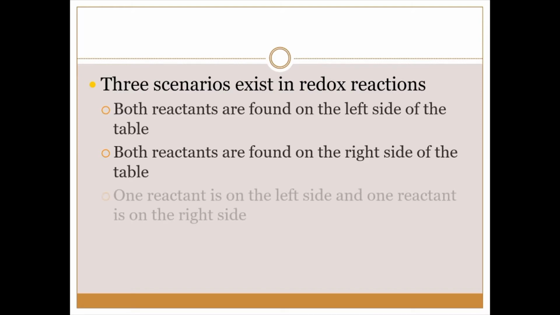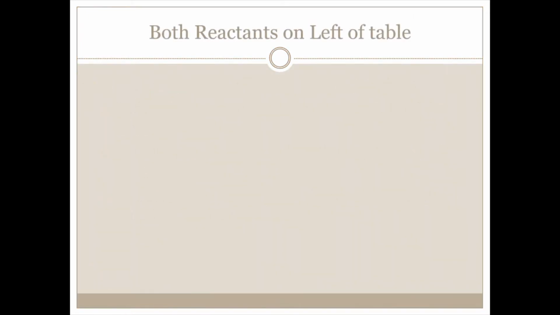The second is where both reactants are on the right side of the table, so they're all reducing agents. The last is where you have one reactant on the left side and one reactant on the right side. If both reactants are on the left side of the table, both reactants are oxidizing agents, so they want to get reduced.